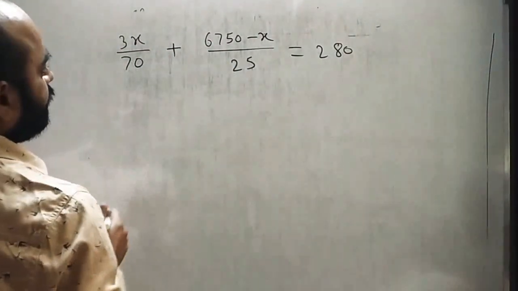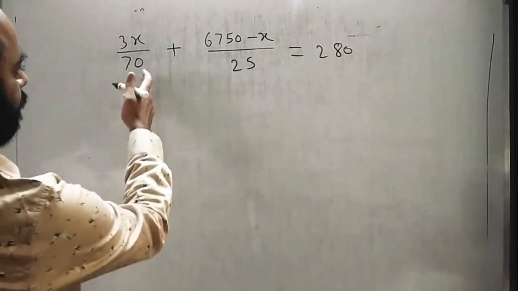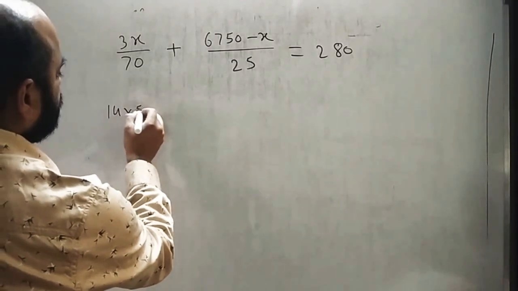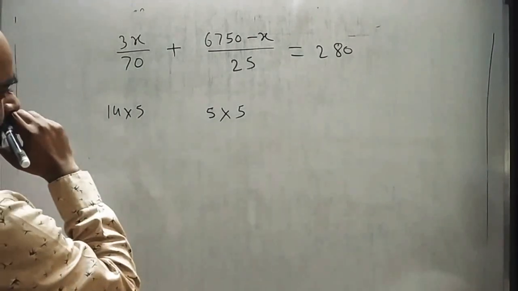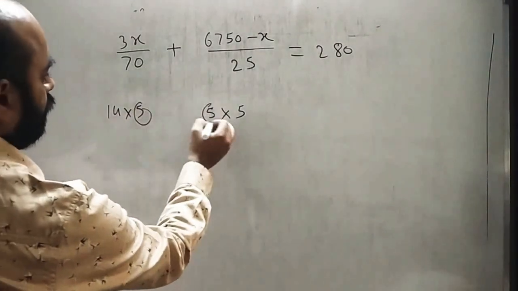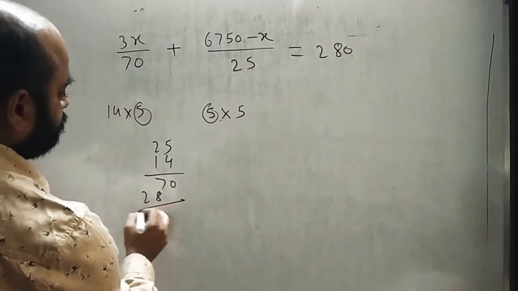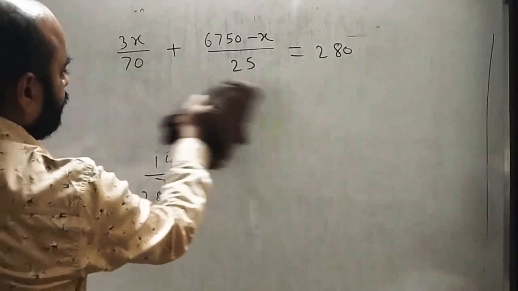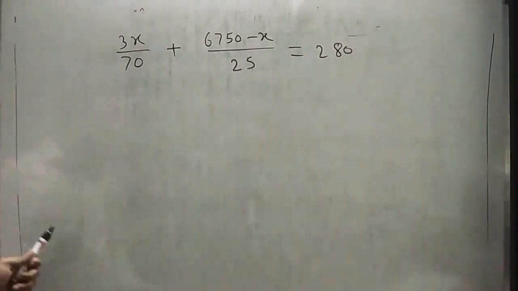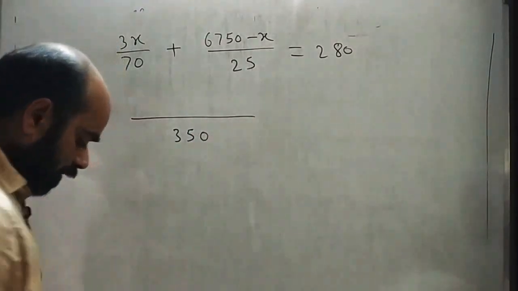So now next, what is the LCM of 25 and 70? So this is 25 and this is 70, so that will give 25 and 14, 350 will come LCM, correct? 350, you can check. So LCM is 350.